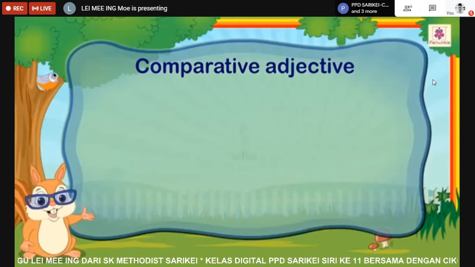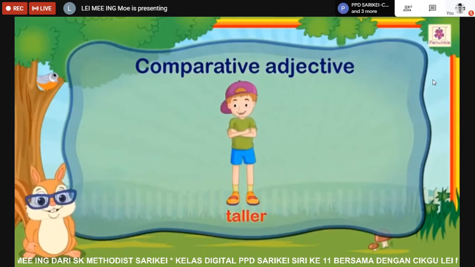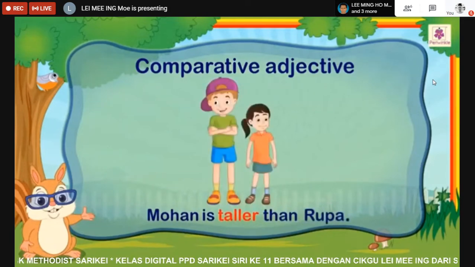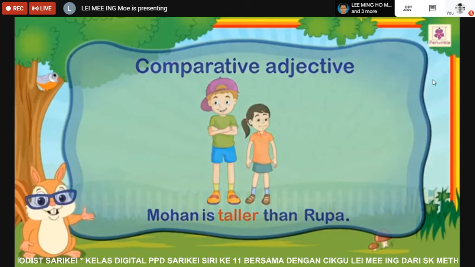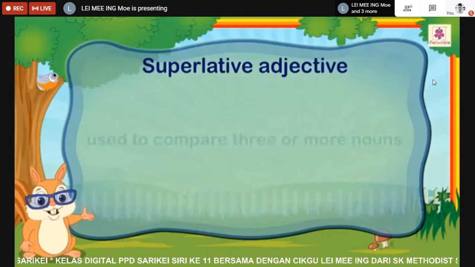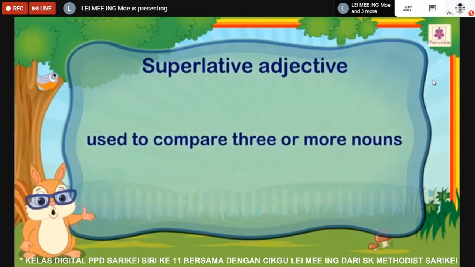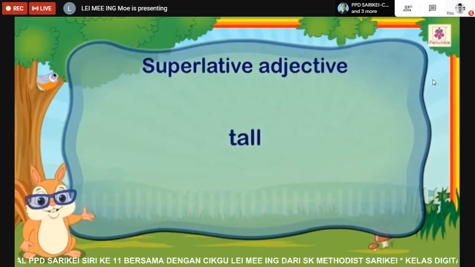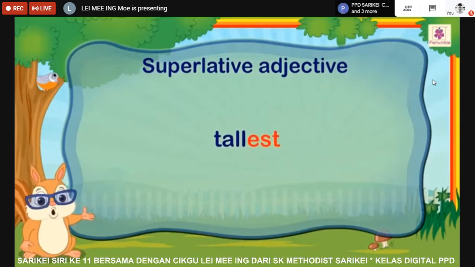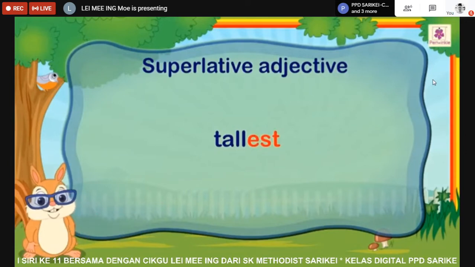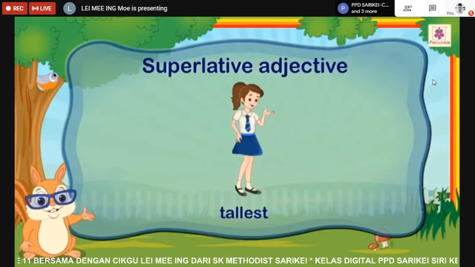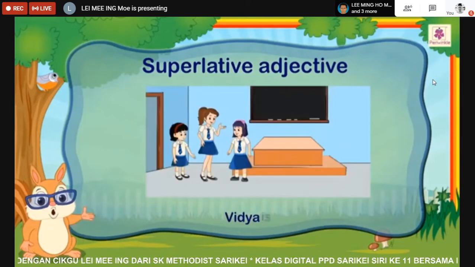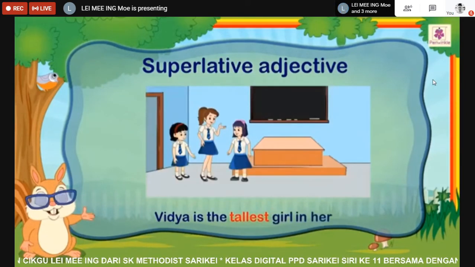For example, taller. Mohan is taller than Rupa. A superlative adjective is used to compare three or more nouns. We usually add est to the adjective. For example, tallest. Vidya is the tallest girl in her class.